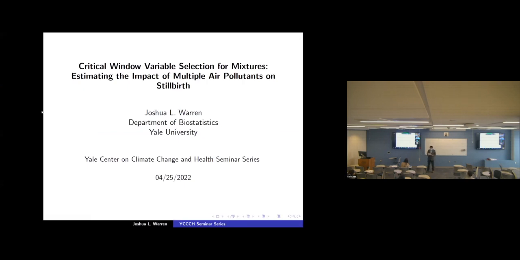Much of his work involves introducing spatial and spatiotemporal models in the Bayesian setting to learn about the association between environmental exposures, such as air pollution, and various health outcomes, including the stillbirth that we will hear about today. He's also interested in applying and developing spatial temporal models in collaborative settings, such as the infectious disease epidemiology we have been going through during the COVID-19 pandemic. So without further ado, Josh, the floor is yours.